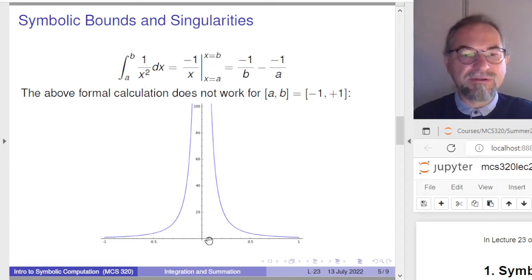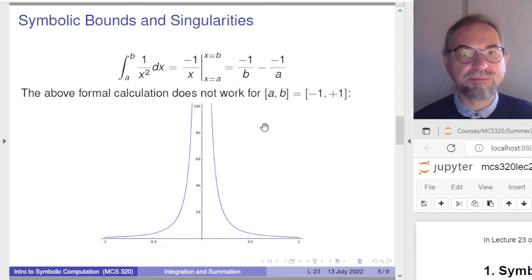So geometrically you can see that there is a vertical asymptote there, and the area that is defined by this integral is actually not really what this expression is, minus 1 over b minus 1 over a.